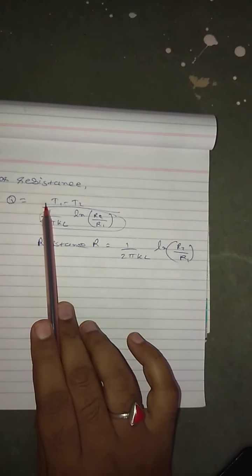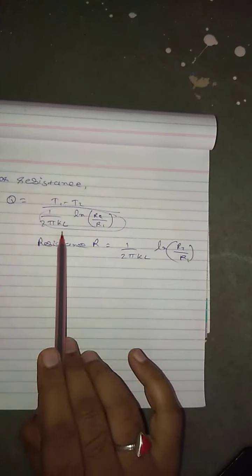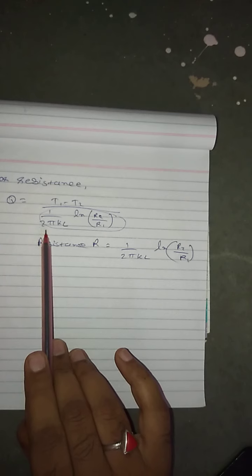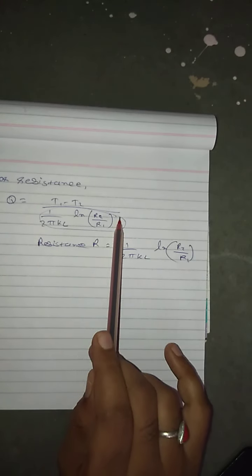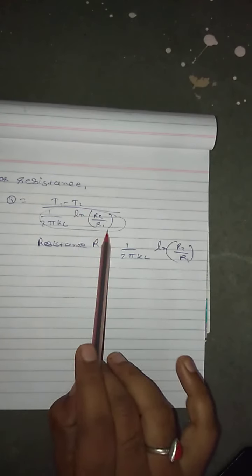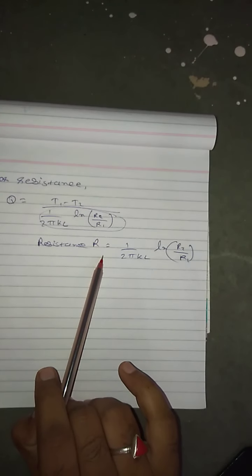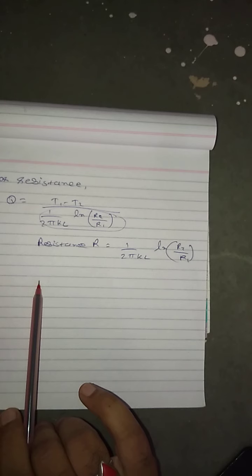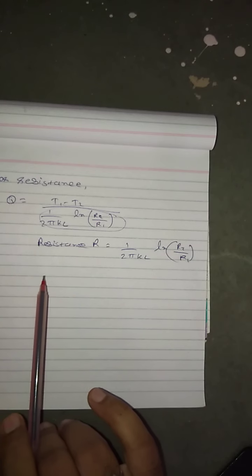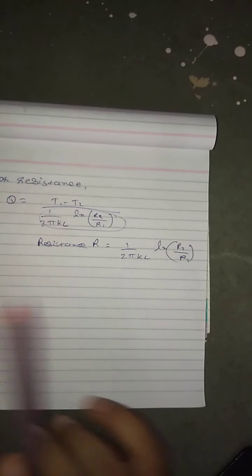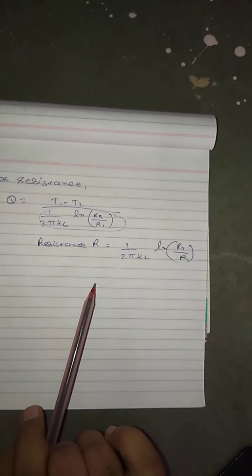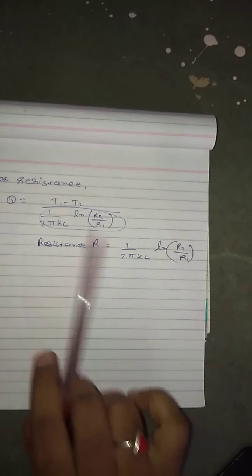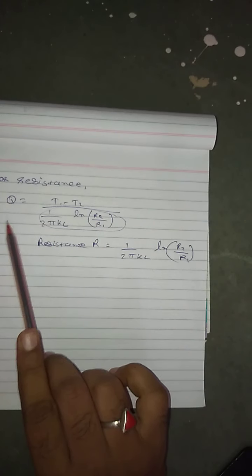So we are just putting 2 pi kL in the denominator, so we can write 1 upon 2 pi kL ln r2 upon r1. So this term will become the resistance. So it is the thermal resistance for a hollow cylinder. Okay, so we can directly find the resistance from this equation and put it in this equation, and we will find the Q.